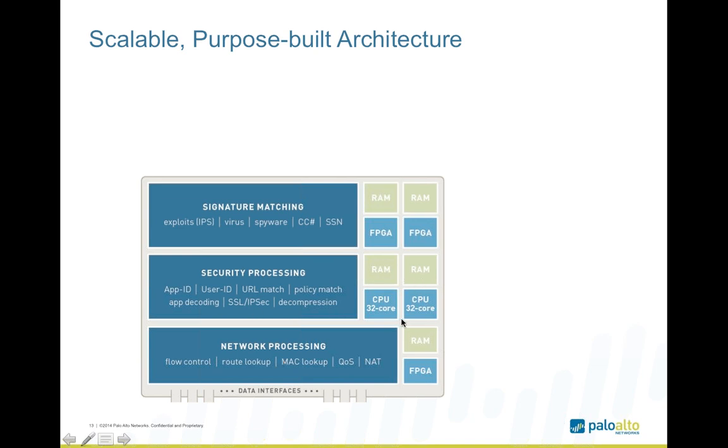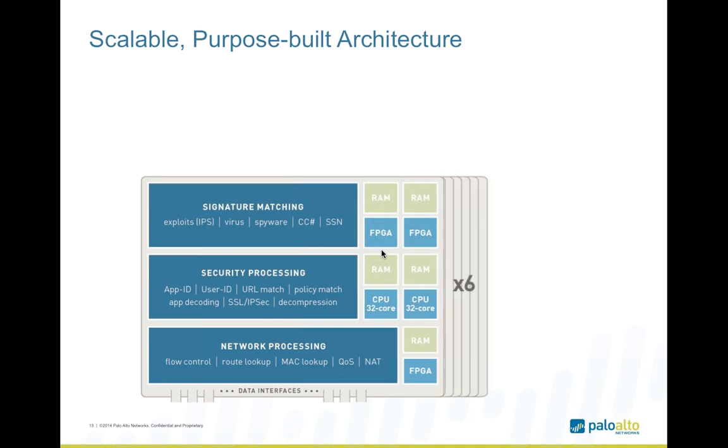And then security processing: here we have 64 cores, which do the layer 7 application identification and apply the policies based on the rule set in layer 7, as you are accustomed to in other Palo Alto products. And then we have the single signature matching engines, which have the FPGA cards, which do single pass parallel processing for all the viruses, vulnerabilities, spywares, worms, you name it, in one scan.